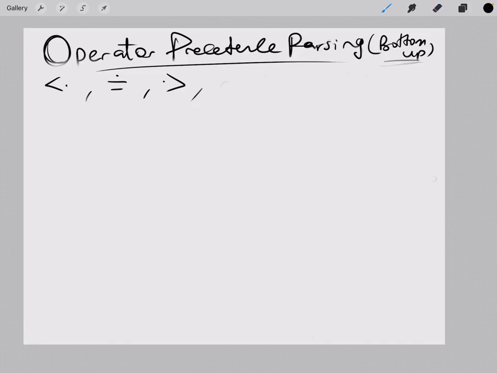Okay, so number one, what does it do? It scans the string, as I said, from the left end. So let's say we have dollar sign, this id, and we have this plus, then we have this again, id, and we have this.